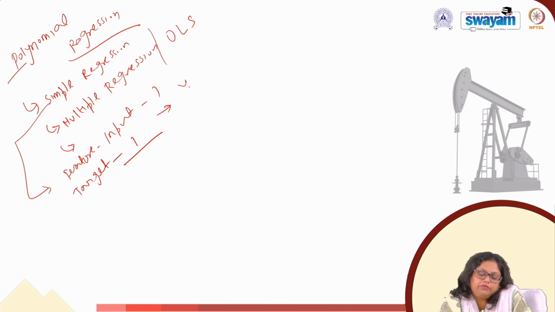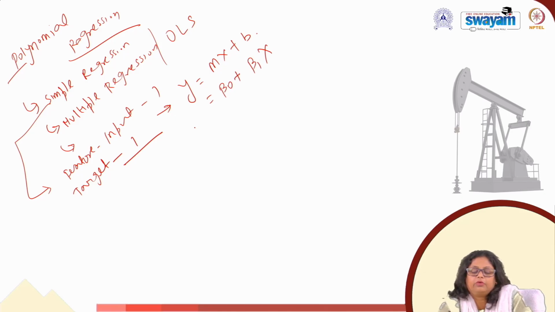So what is the equation we have come across? y is equal to mx plus b. Or in generalized or coefficient form we can write beta 0 plus beta 1 x. So this is my y. So beta 0 and beta 1 are what? They are your coefficients, or we call them weights.